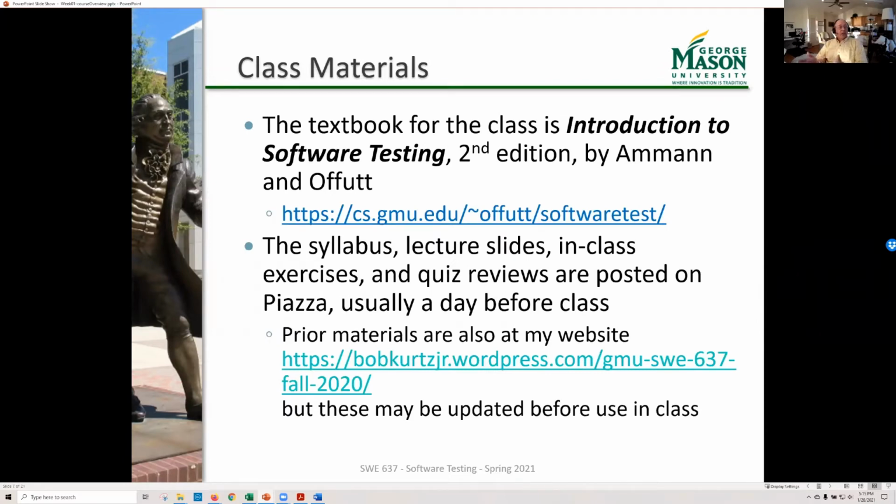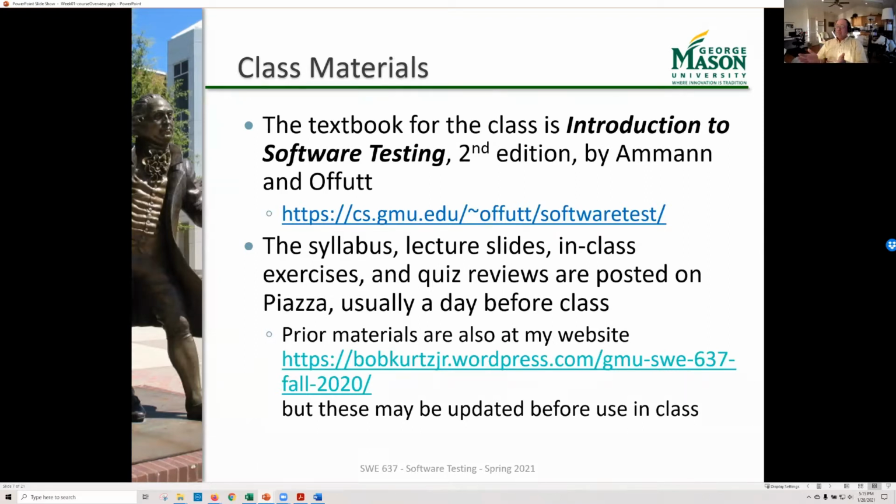So the textbook: Introduction to Software Testing, the second edition by Paul Ammann and Jeff Offutt. This is the red one, not the older yellowish green one. Like all textbooks, it's an expensive textbook. It's also available electronically. I kind of like a physical textbook, but boy, that electronic version sure is nice to be able to look stuff up in.